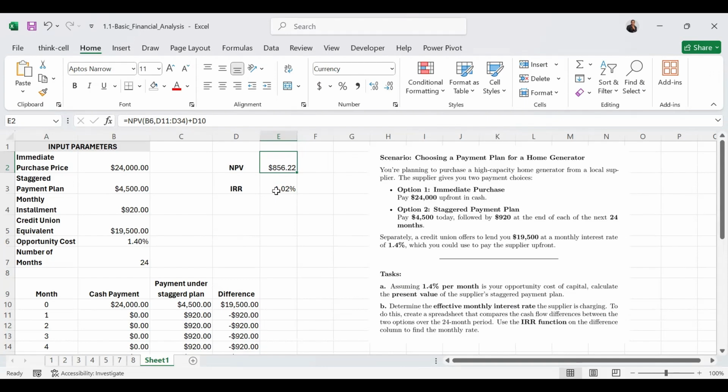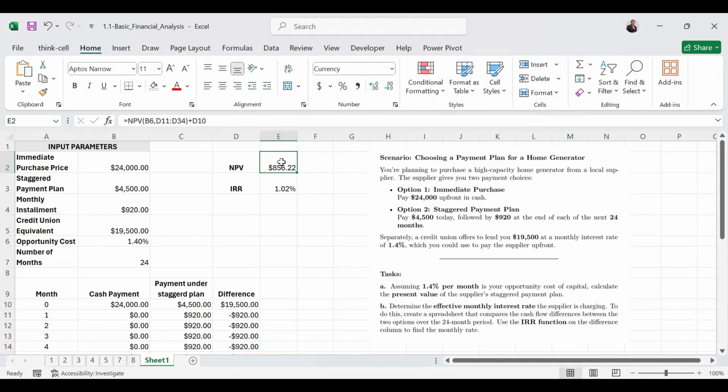This installment gives us 1.02%, but the upfront loan is 1.40%, so there is a reduction when we go by the installment.